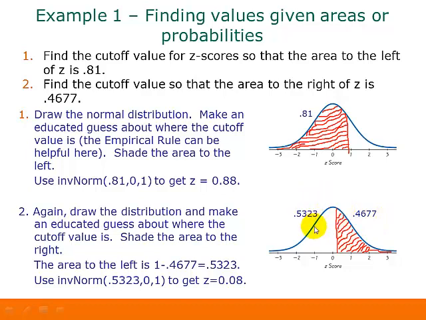That means on this side we have 1 minus that, which is 0.5323. So that's the value we would put in our function with our mean and our standard deviation. And if we do that, we would get z equals 0.08. So in other words, the value right here, that's our cutoff value, is 0.08, just barely above 0.